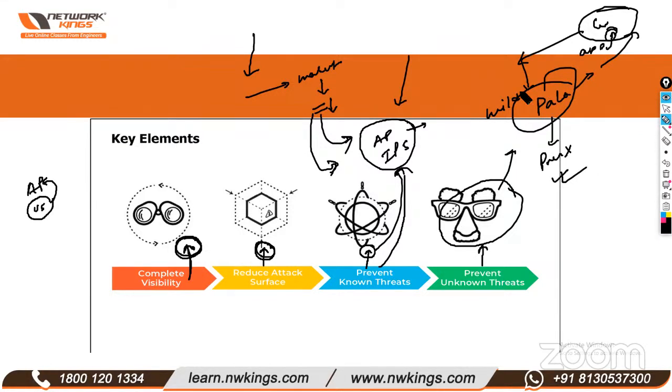Now, how does this WildFire analysis work? There are a few locations for Palo Alto. They have R&D centers, right? This is my understanding, what I have understood from their analysis. I'm just telling you, there can be different ways. So Palo Alto has research centers, right?